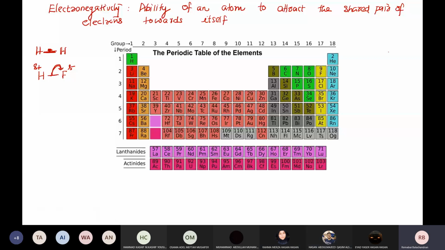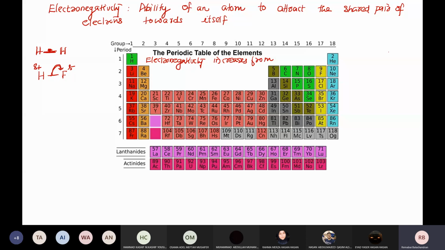Yes. Okay, so now one more point I want to mention. Moving from left to right in the period, electronegativity increases or decreases? Increases. Okay, it increases from left to right, right?